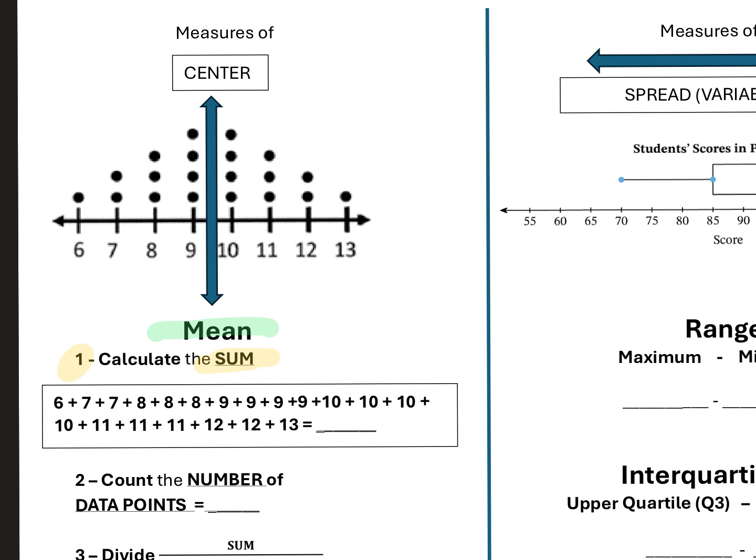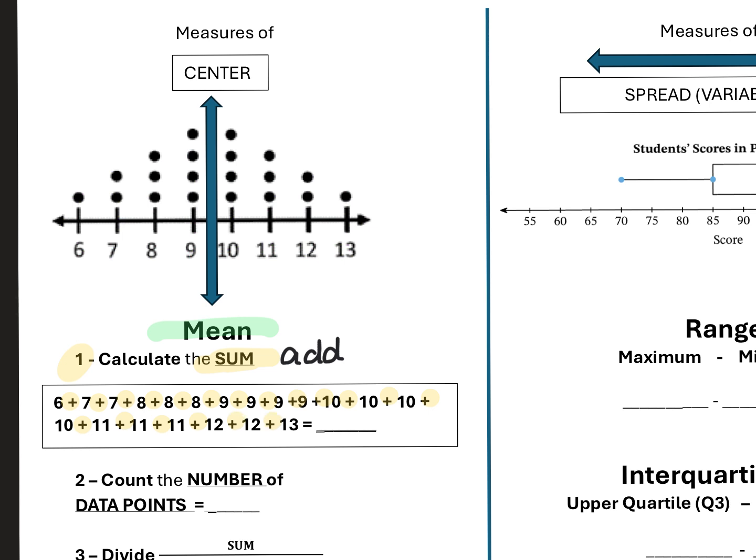So you can see, for example, that I've got 1 six followed by 2 sevens, and so on and so on. So the first step to completing the mean is to calculate the sum. And the sum is the fancy word for adding. So step one is just adding all these data values together and calculating that sum.